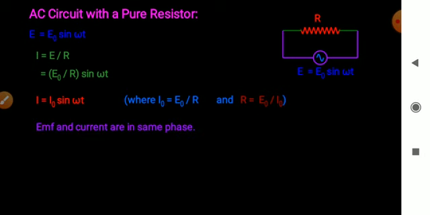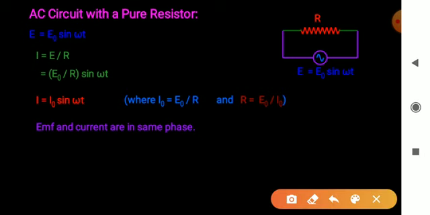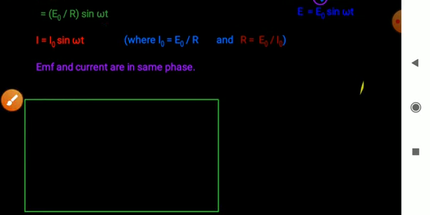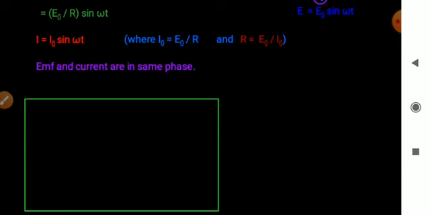So from these two equations, equation 1 and equation 2, we have EMF and current are in the same phase. Current and EMF both are in the same phase. Clear? So in this figure, we see the phasor diagram for alternating EMF and current.